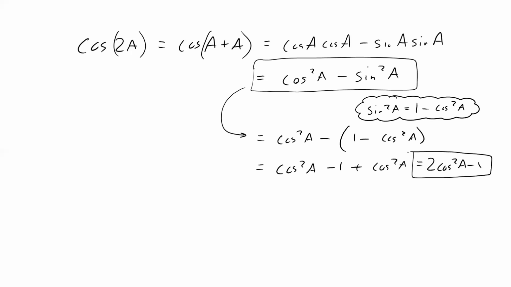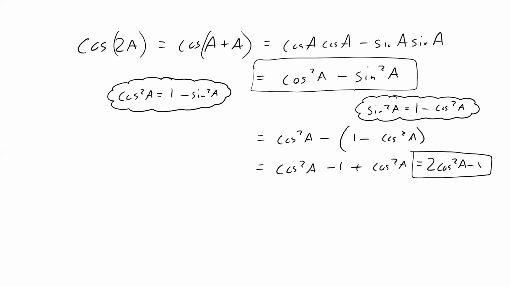Oh, but wait. We can have sine squared A is equal to 1 minus cosine squared A. How about the other way around? Can we have cosine squared A is equal to 1 minus sine squared A? Is that our other derivation of our Pythagorean theorem? I should have said it this way here. The arrow comes through this way, and then the arrow is going to come through this way for the other one.